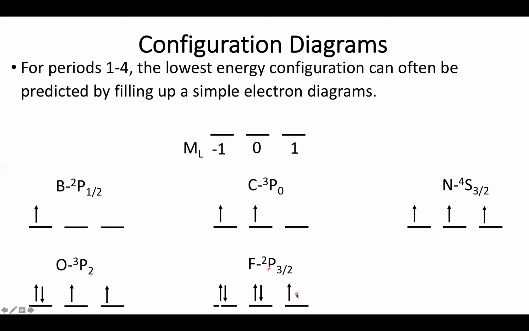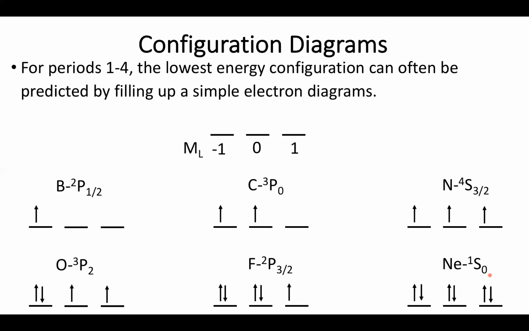So this brings us to our last state, neon. This one is easy. All of my spins cancel, and so do all of my orbital angular momenta. So I'm left with a singlet S state with no angular momenta. And you can feel free to walk through this idea for pretty much everything through the fourth period of the periodic table.